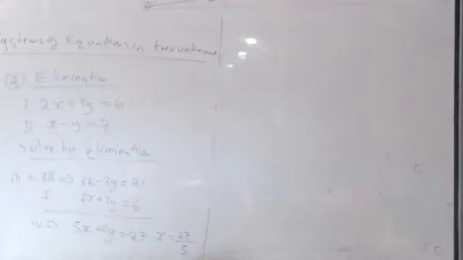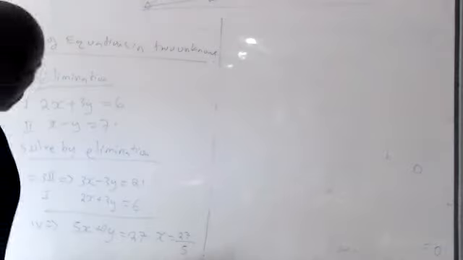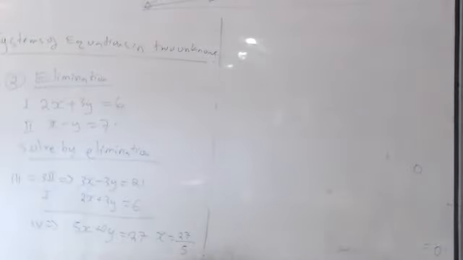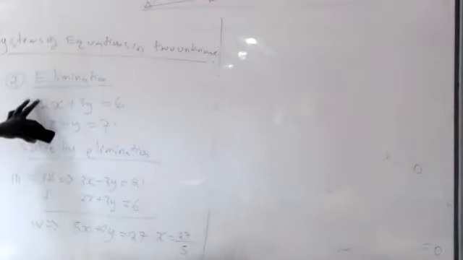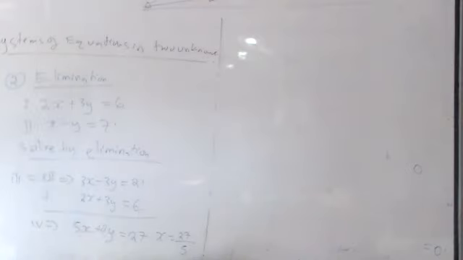Did you make a mistake somewhere? Hello? There's no mistake, sir. You made a mistake somewhere. Is this the same system that we solved before when we were doing substitution? Because we seem to get a different value for x.